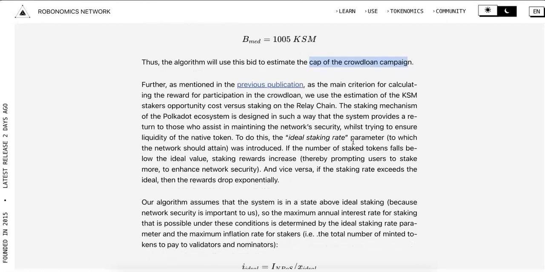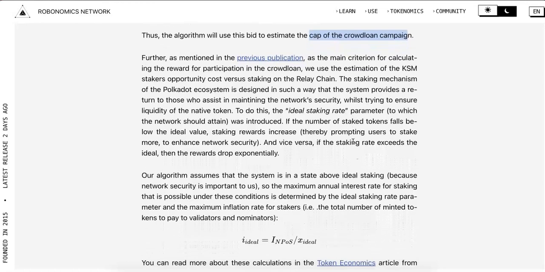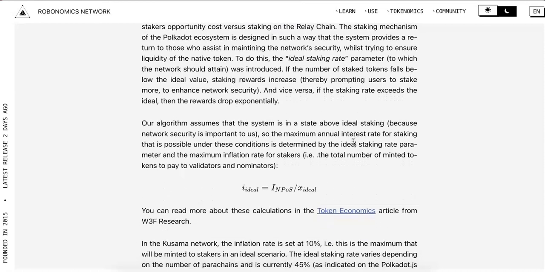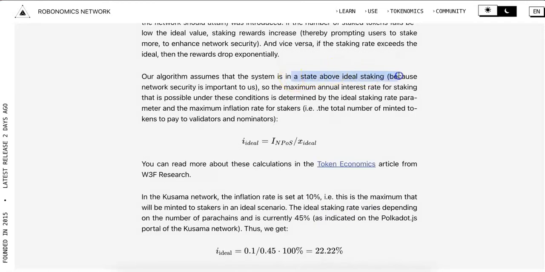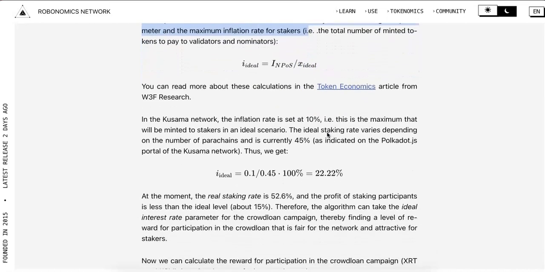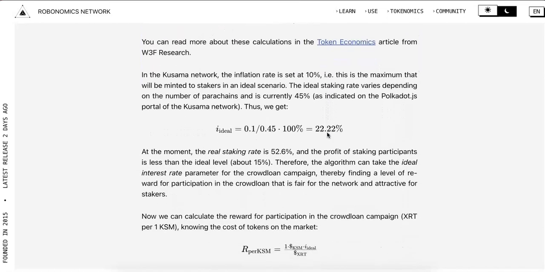And after they figure out the cap, they are going to figure out the APY and the rewards. They use the following formula for the maximum annual interest rate, which is determined by the ideal staking rate and the maximum inflation rate for stakers. So for example, in Kusama, the inflation rate is 10%, and the ideal staking rate is 45%.